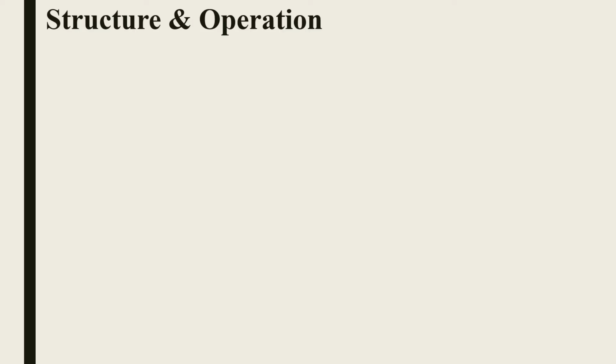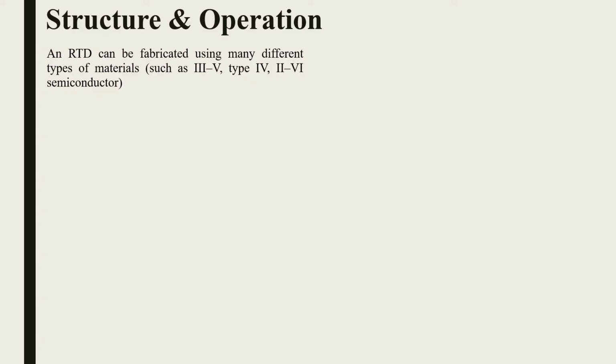Let us look at the structure and operation of this RTD. An RTD can be fabricated using many different types of semiconductor materials, such as the elemental semiconductor, which is a group 4 semiconductor, and also compound semiconductors such as the group 3, group 5, as well as the group 2 and group 6 semiconductor materials.